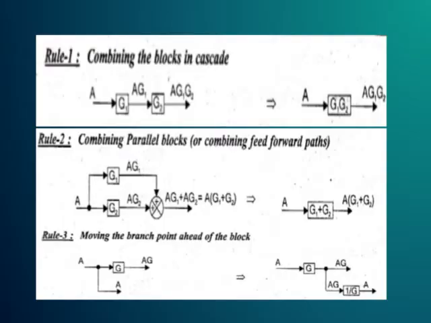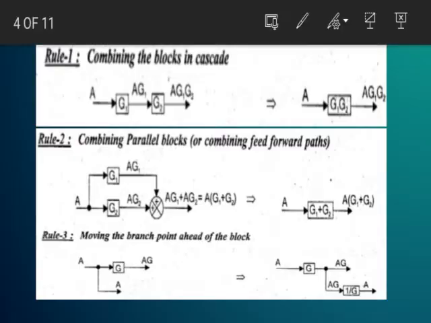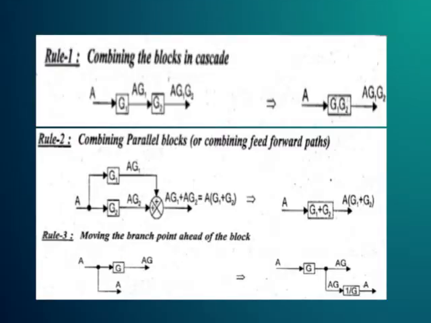Coming to rule number 3, moving the branch point ahead of the block. Here a branch point is nothing but a link of one or two lines or component connections. Here A is a branch point which is moving ahead of the block.